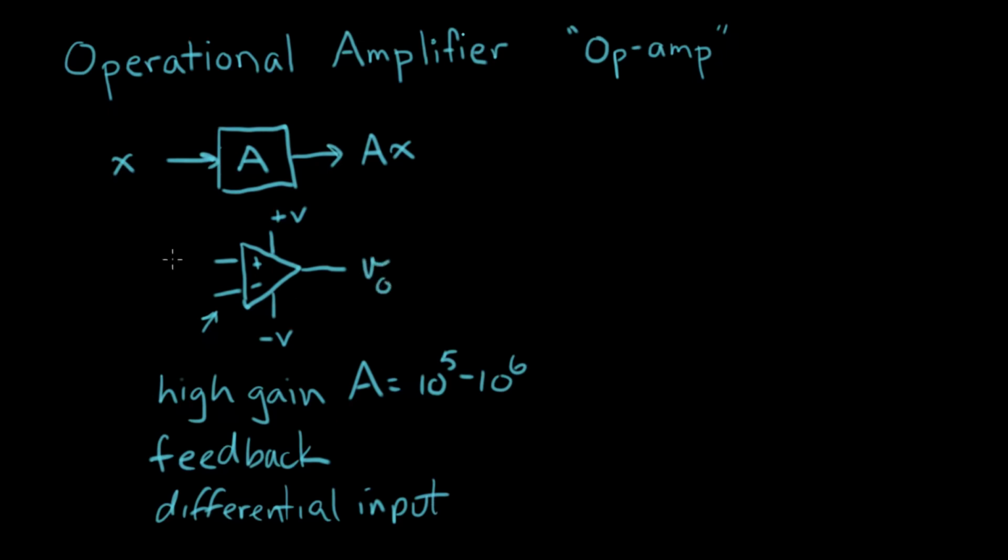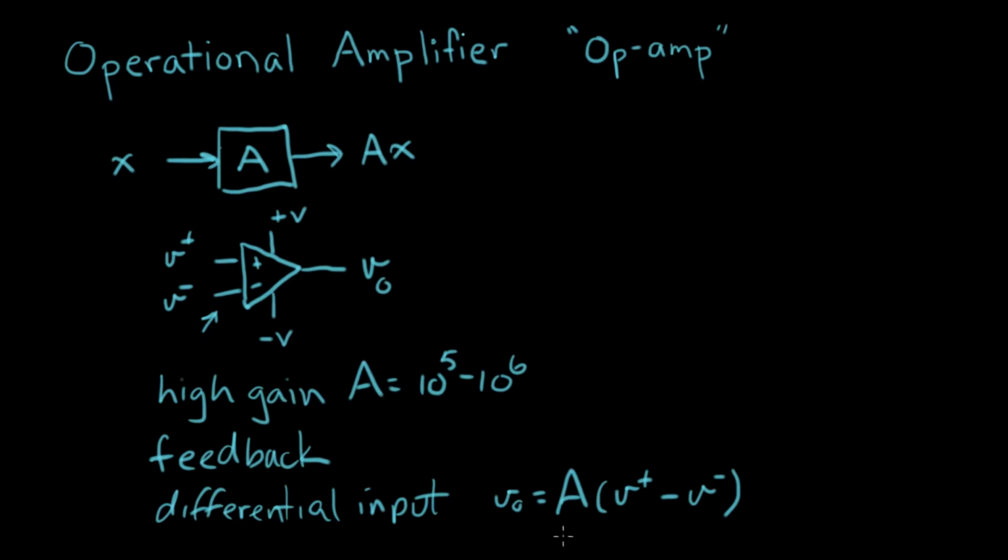We'll call this V out, we'll call this V plus, and we'll call this input V minus. And differential input means that V out equals the gain times V plus minus V minus. So the output signal here is proportional to the difference in the voltage between these two signals here.